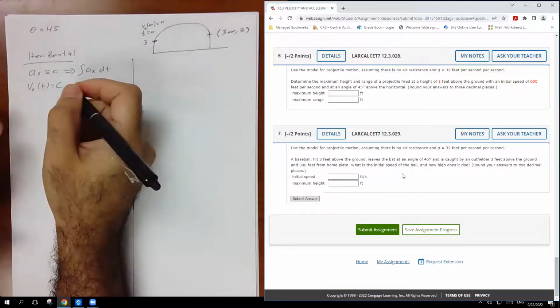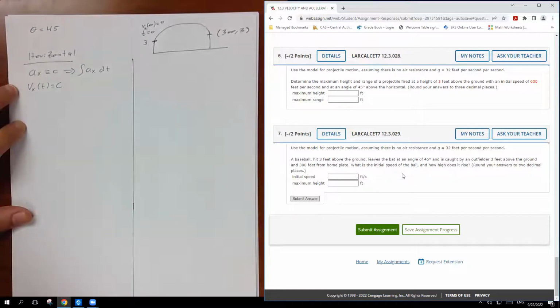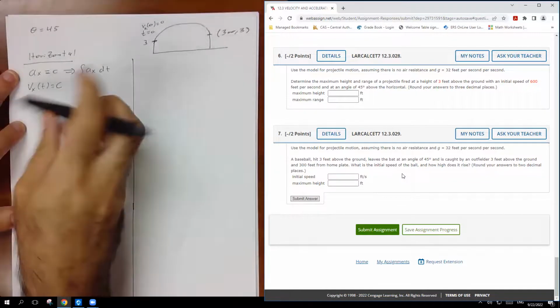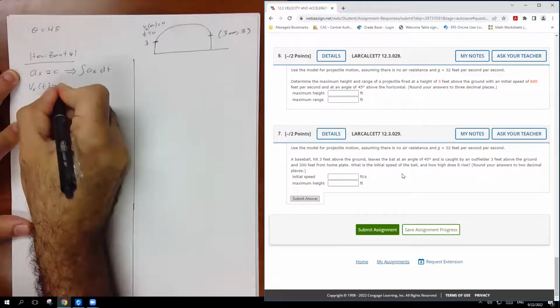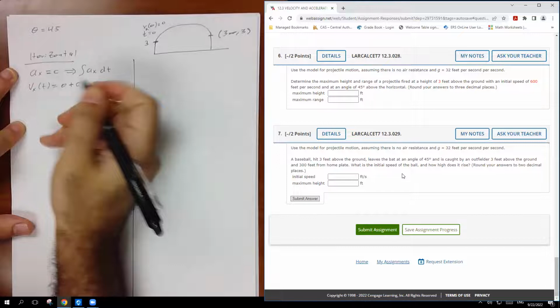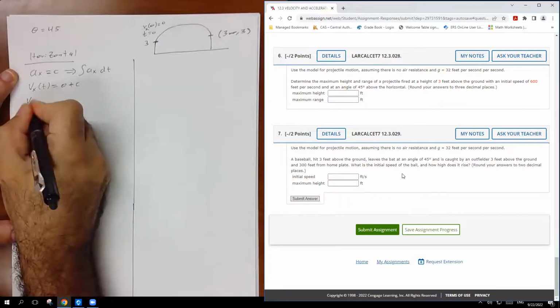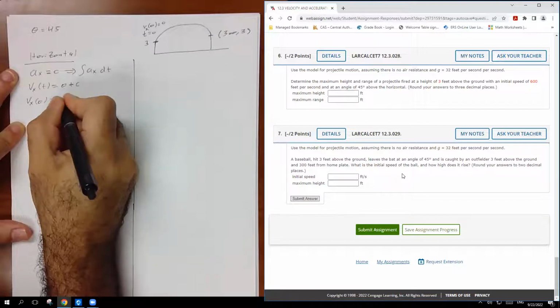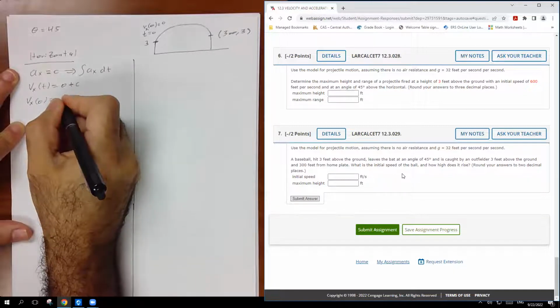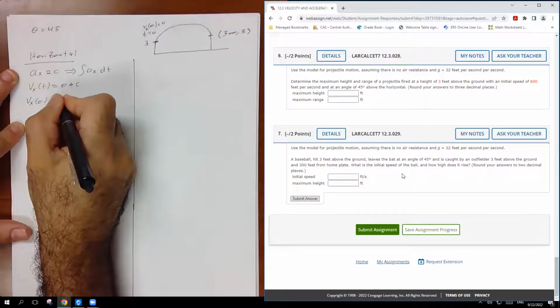You have to do these steps. When you take the integral, you plug in, it is going to be 0 plus c, and v sub x at 0 is going to be equal to c.